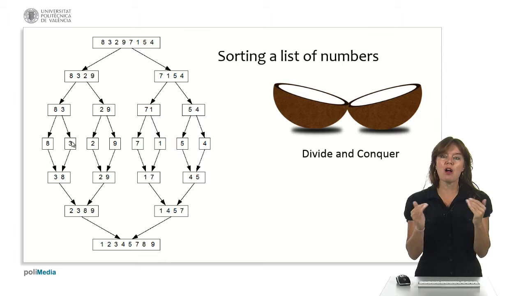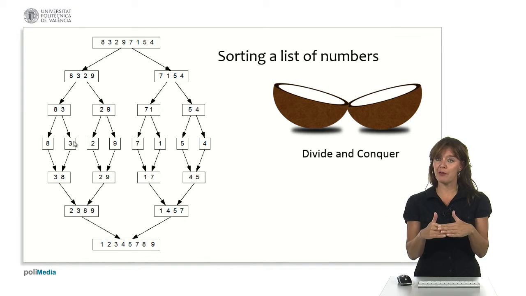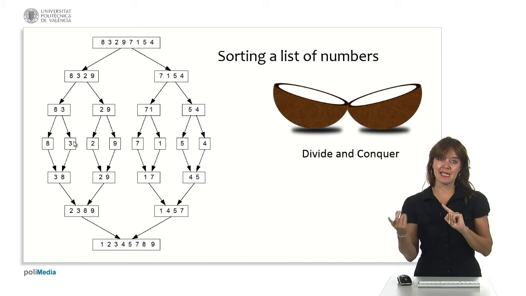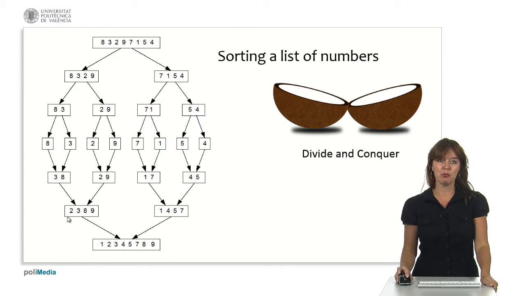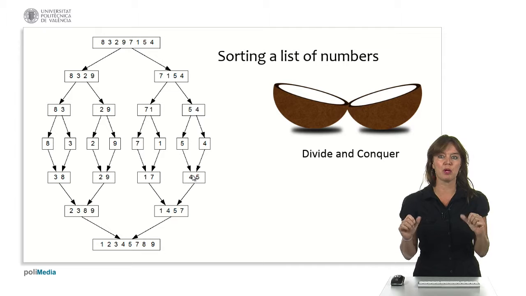So then we conquer our results. So we say, okay, this one is sorted, that one is sorted, so let's put them together in a sorted way. So 3 is less than 8, so I put 3 before 8. And I do this with all the smaller problems. So 2 is less than 9, 1 is less than 7, and 4 is less than 5. So I've already conquered solutions to smaller problems.